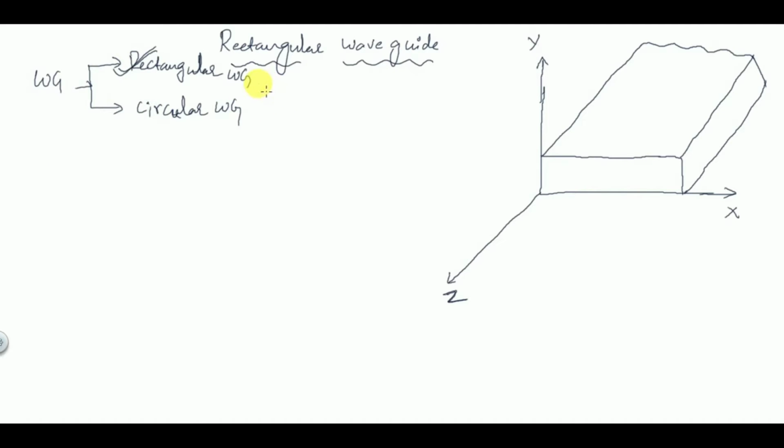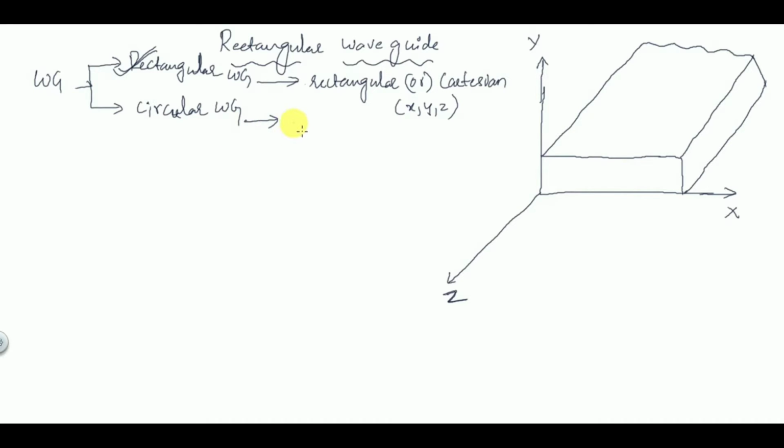In order to analyze this rectangular waveguide, we'll use the Cartesian coordinate system or rectangular coordinate system. The axes are x, y and z respectively.